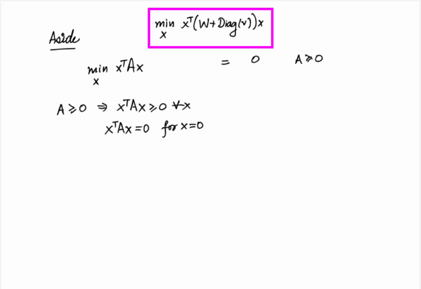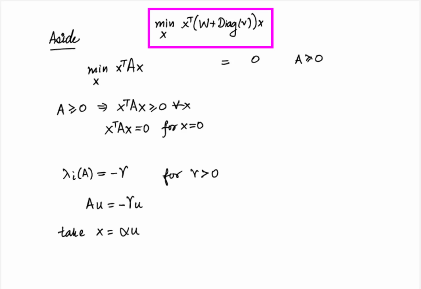On the other hand, if A is not PSD, then the quantity x transpose Ax is actually unbounded below. To see that, suppose that A has an eigenvalue minus gamma, where gamma is greater than 0, and the corresponding eigenvector u, so that Au is equal to minus gamma u. Then simply choose x equal to alpha times u.